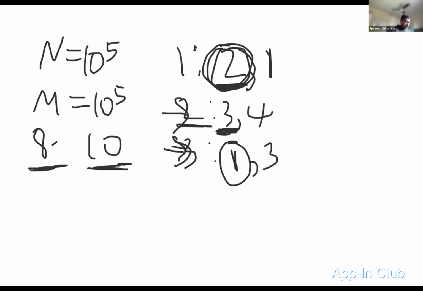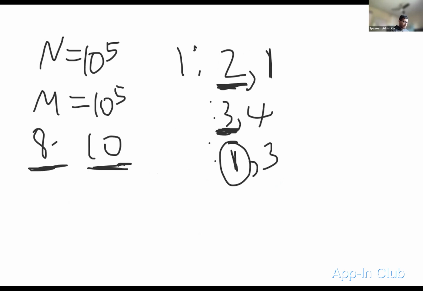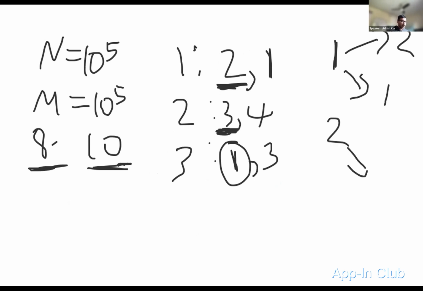So one possible graph that we might construct using the sample input is from mapping the cows to their preferred cereals. So 1 goes to 2 and 1, 2 goes to 3 and 4, 3 goes to 1 and 3.